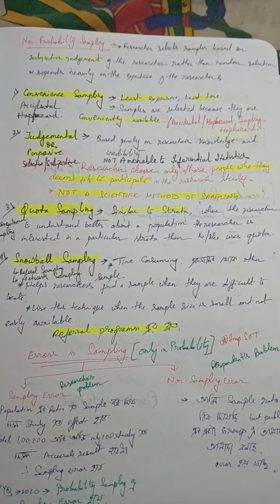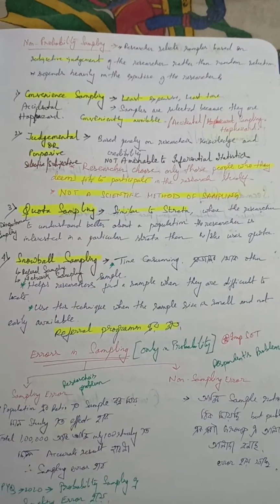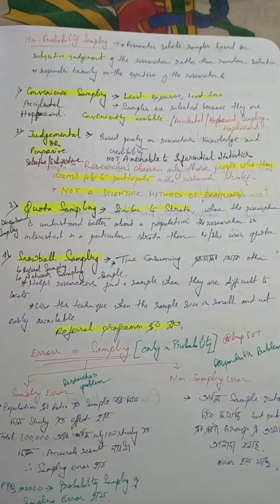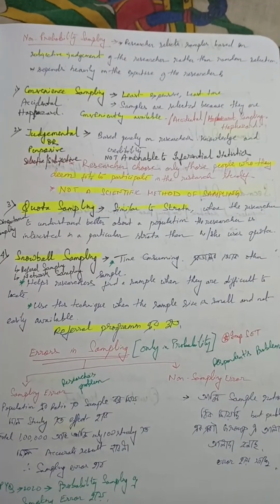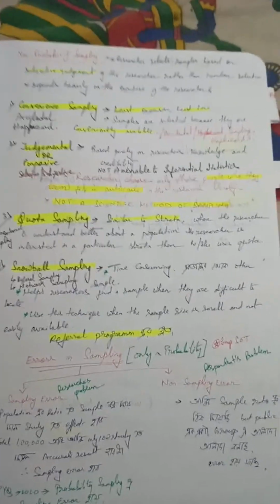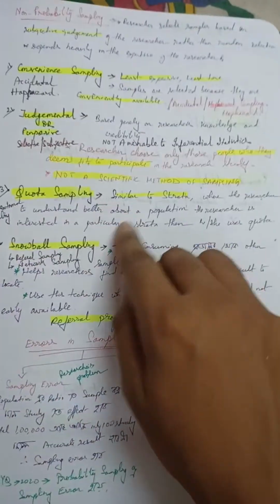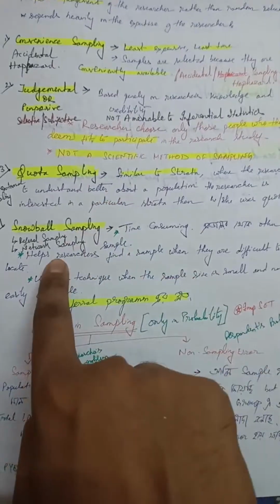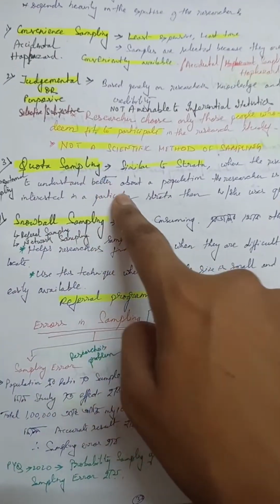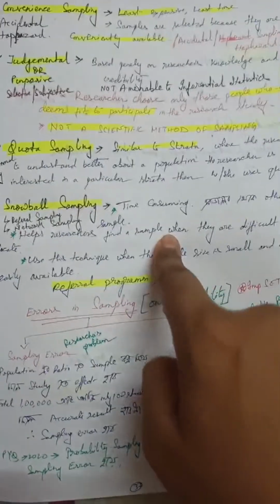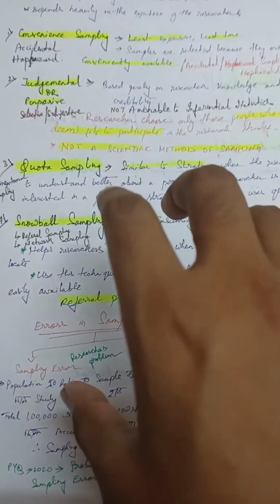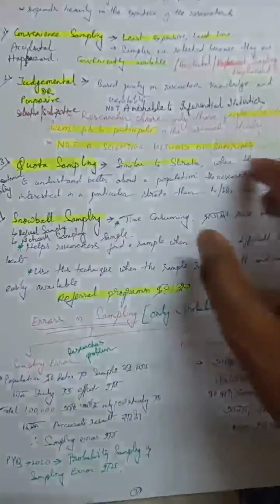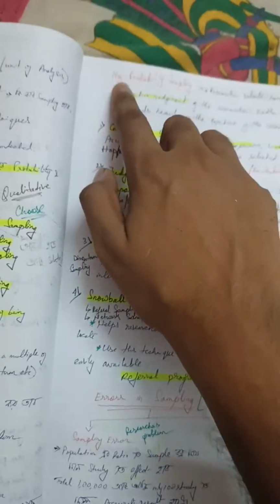Snowball sampling is time consuming, where I am just referring someone. Snowball means how a snowball works. Suppose this is a ball, this particular individual is referring to this one, and this individual is referring to another one. So it's like a graph.